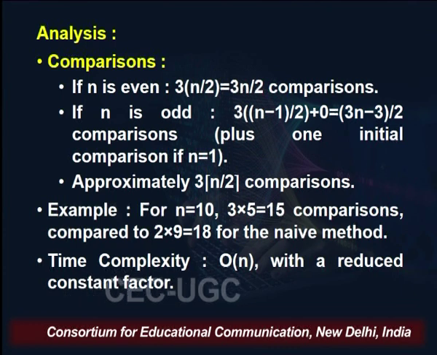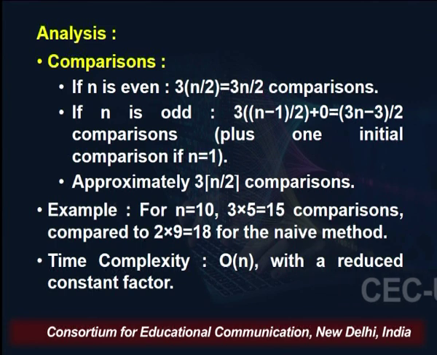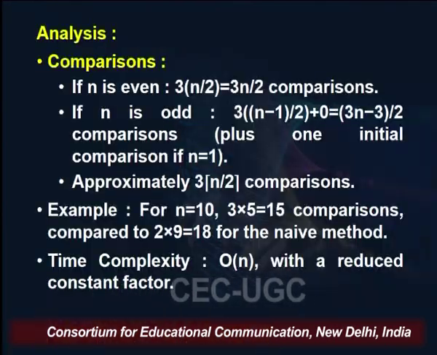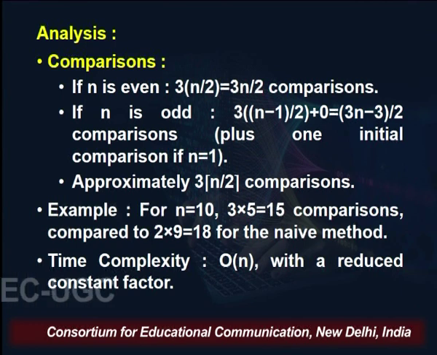So approximately 3n by 2 comparisons. If n equals 10, we have 15 comparisons as compared to 18 in the naive method.